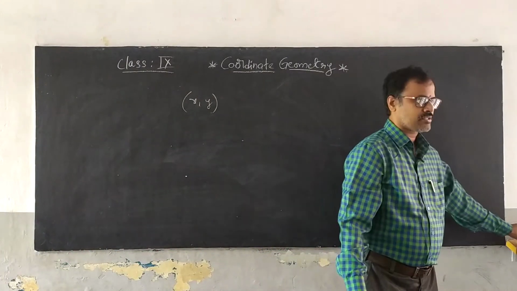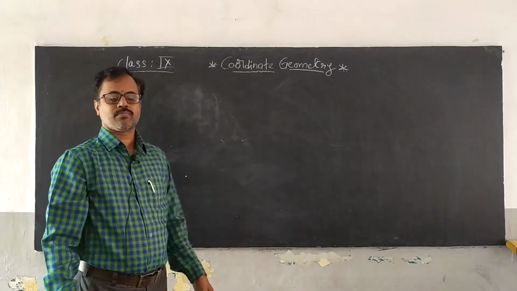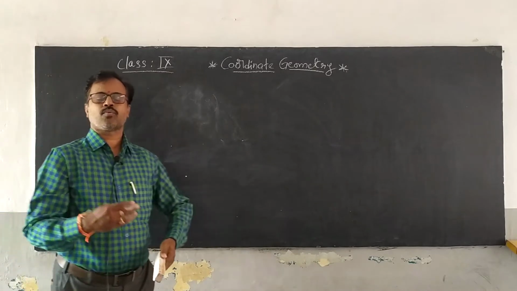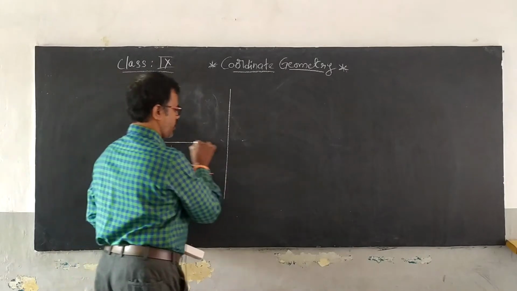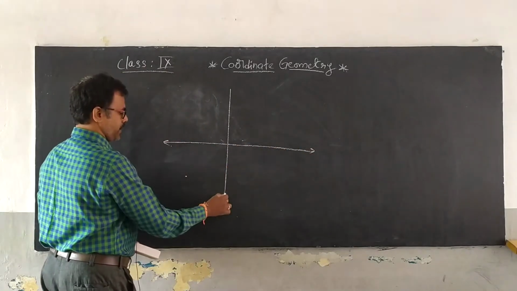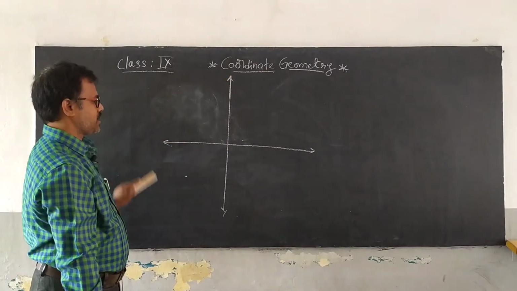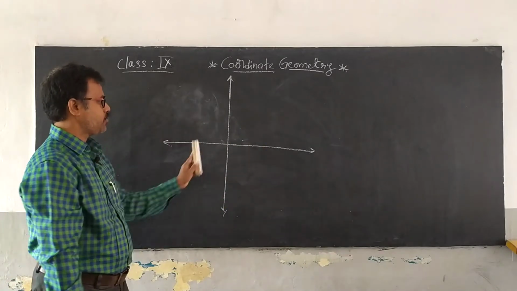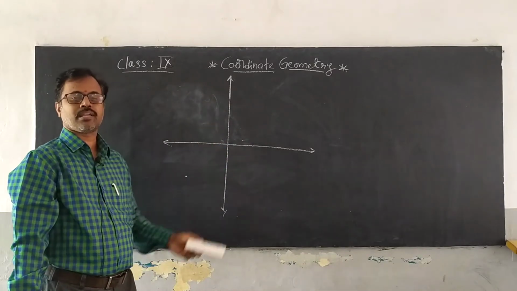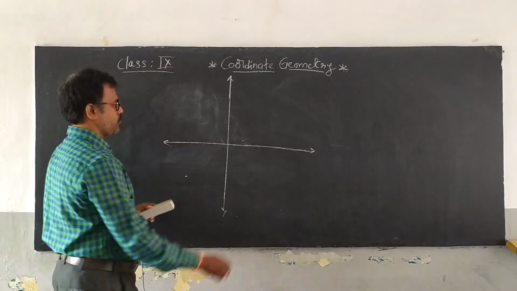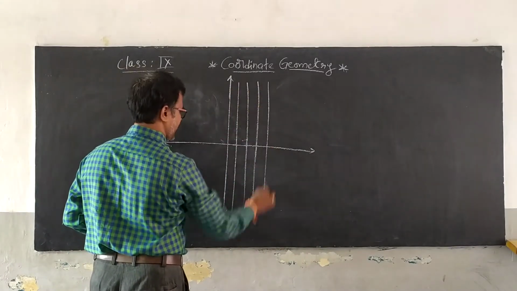In the previous class we studied what is meant by Cartesian plane, axis and quadrants. A pair of perpendicular lines drawn in a plane dividing the plane into four disjoint sets is called a Cartesian plane. Here you have the vertical lines, whose values are indicated on the x-axis.